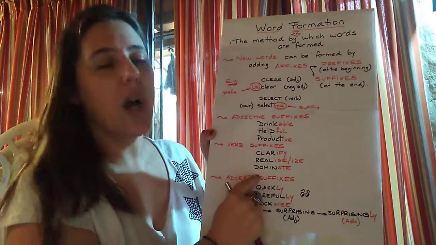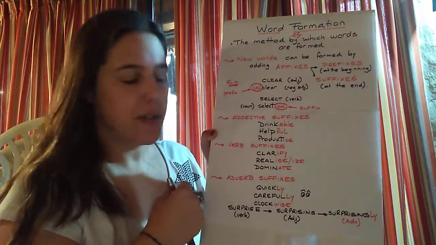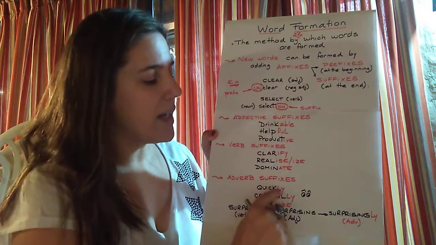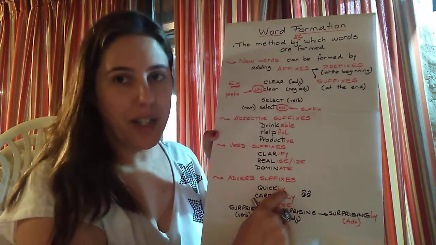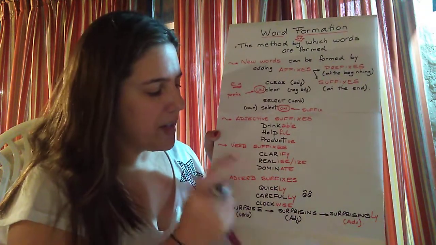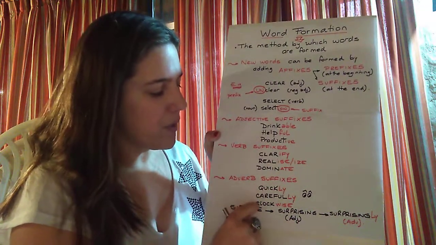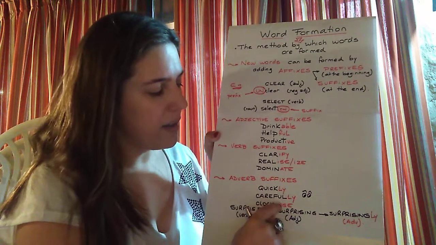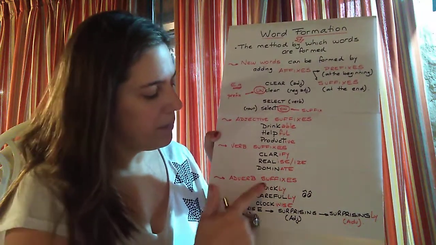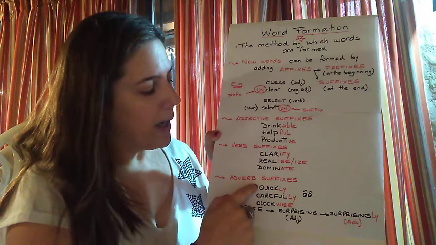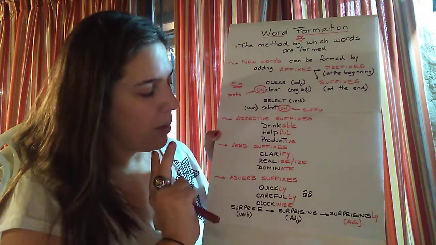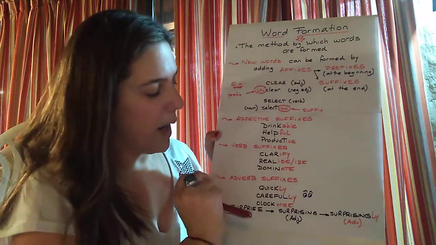Adverb suffixes. How do I form adverbs? The common rule is to add ly. Okay? There are some exceptions, for example, clockwise, the way it works, okay? So I'm going to make two comments about the ending ly.